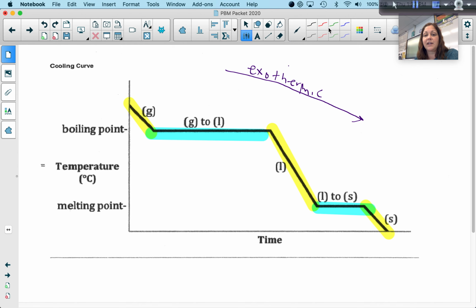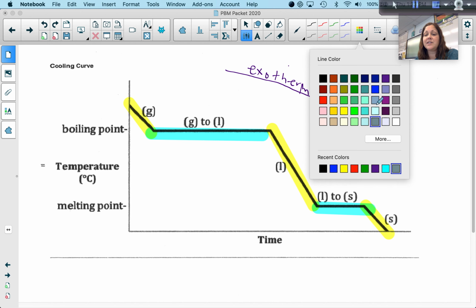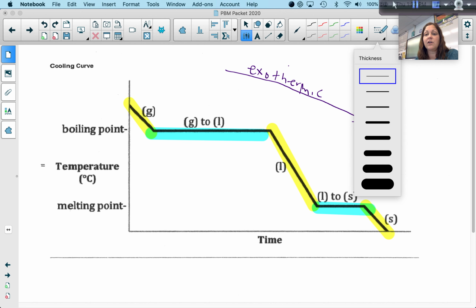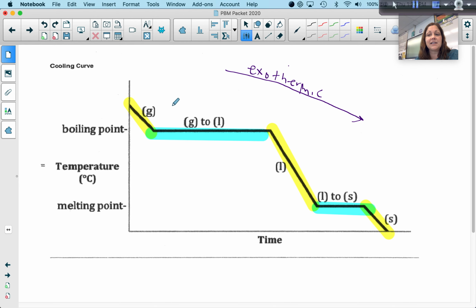On the cooling curve, we have different names for these phase changes than we do on the heating curve. So remember that gas to liquid, we're going to call condensation. And liquid to solid, we are going to call freezing.